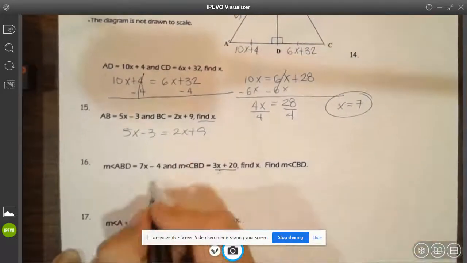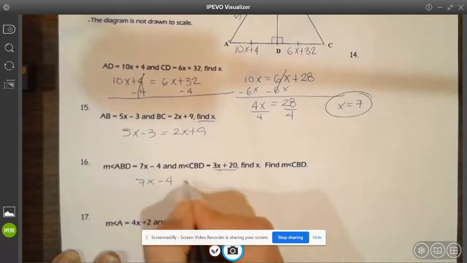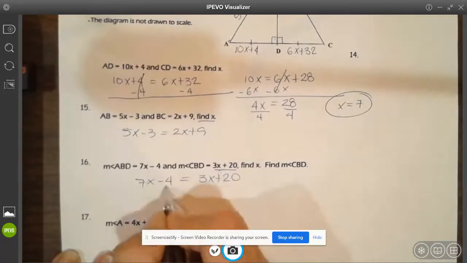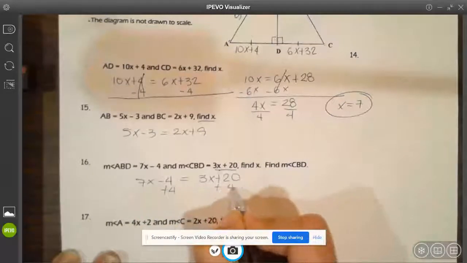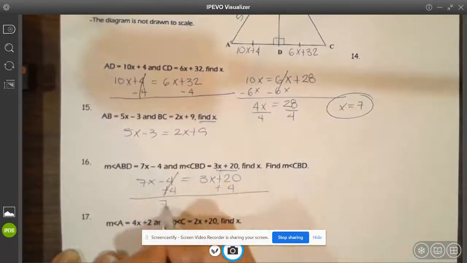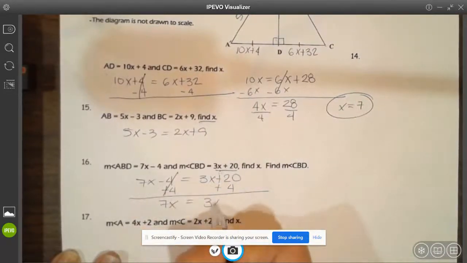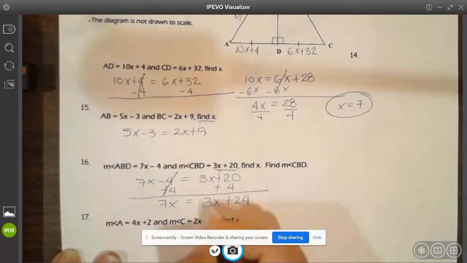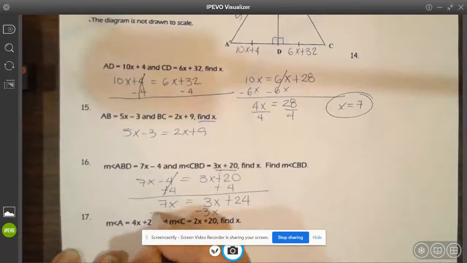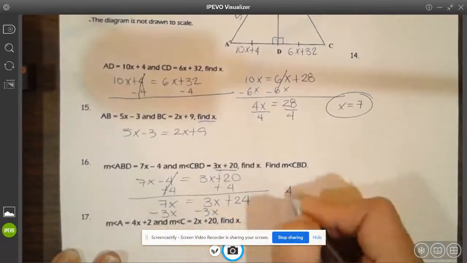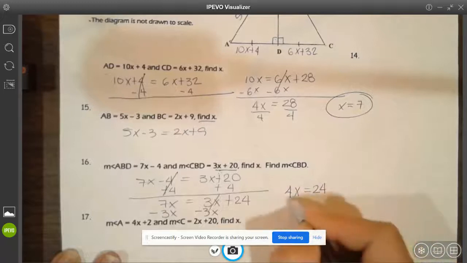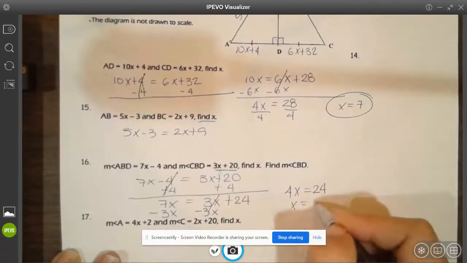So let's find x. So that's 7x minus 4 equals 3x plus 20. We add 4 on both sides. That goes away. And we have 7x equals 3x plus 24. And then minus 3x minus 3x, that would be 4x equals 24, right? And then you divide, so that's x equals 6.